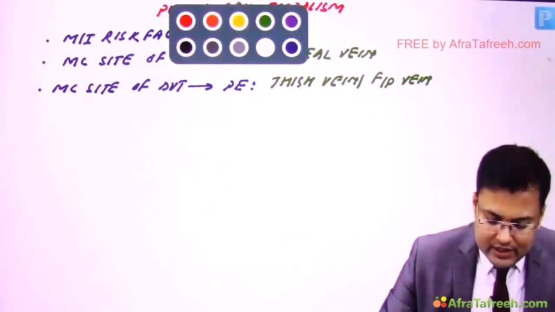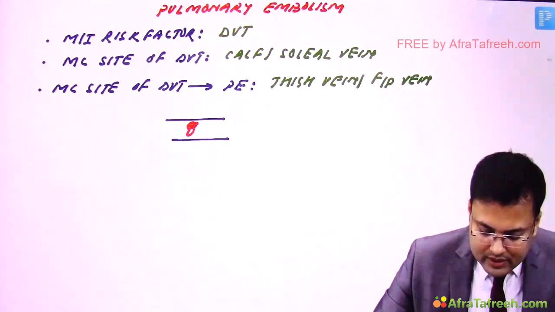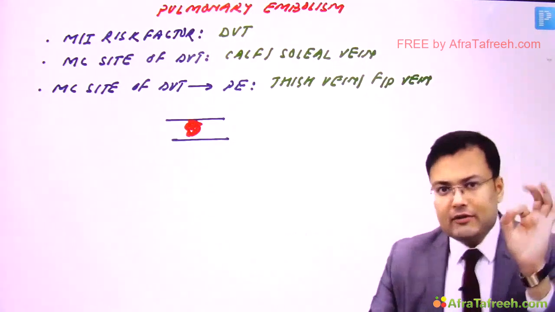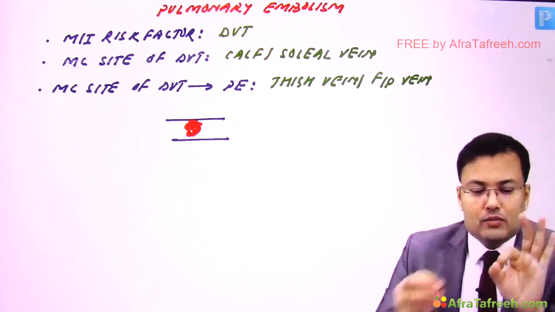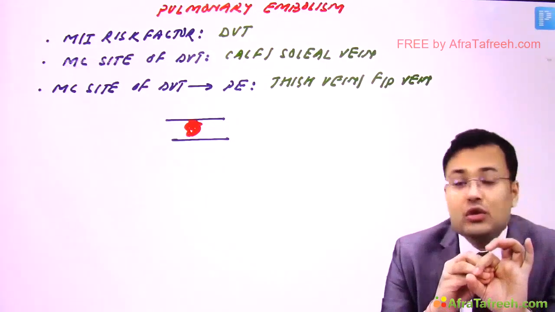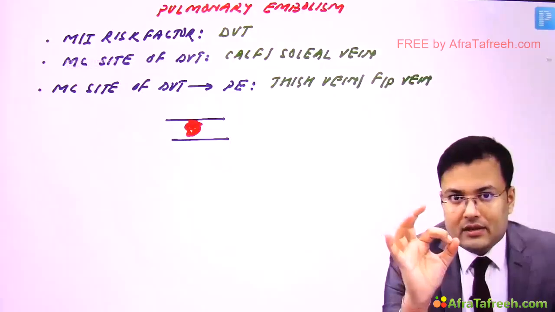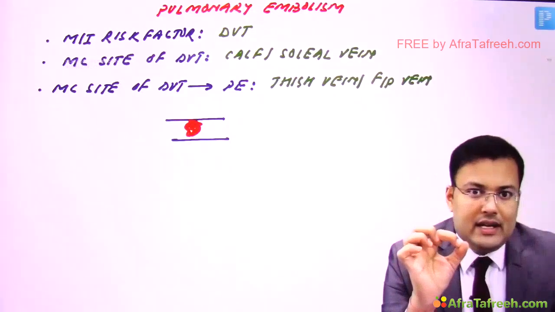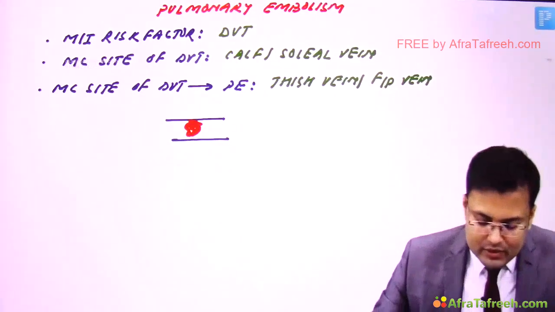See, whenever there is a vein, and in the vein there is thrombus. Clear? If the lumen or caliber of the vein is smaller, what happens? The thrombus is strongly adhered to the wall of the vein. That's why if the caliber of the vein is smaller, there is very low chance of embolism. But what is the problem?